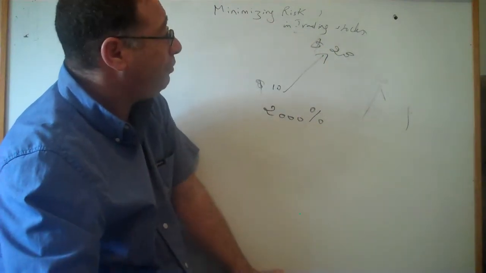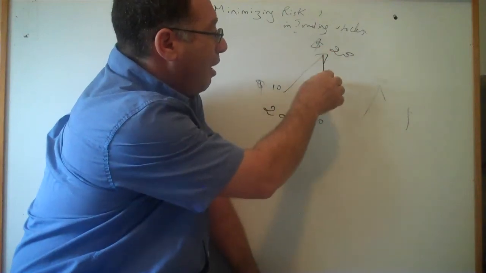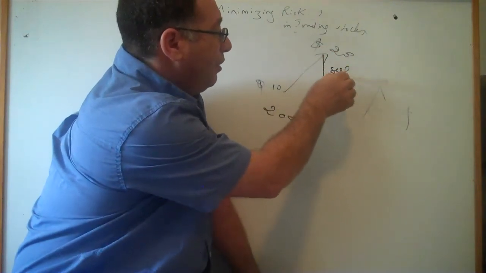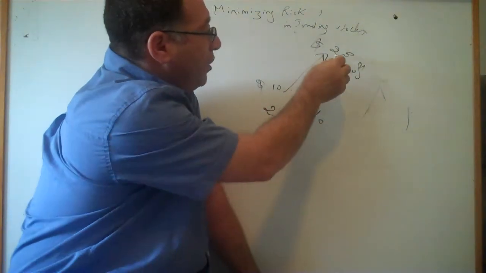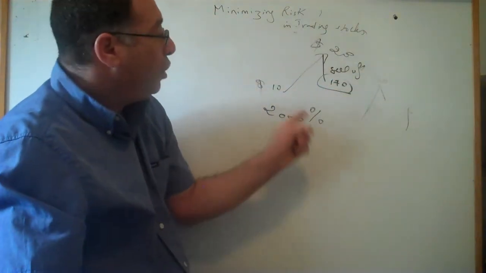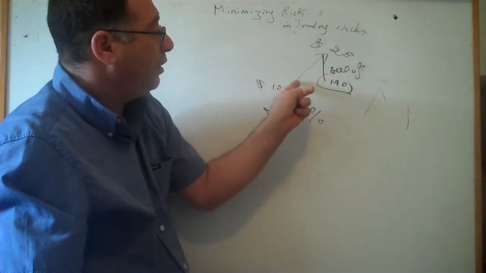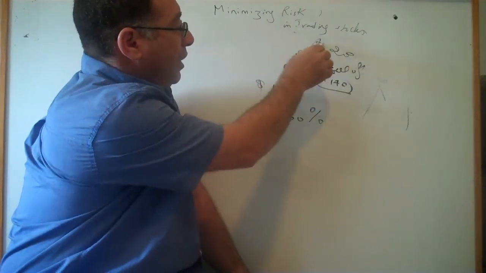Then from 200, he sells off all his shares, millions of shares. For example, it goes to 170. Some people buy at 20, 50, 70, 100.